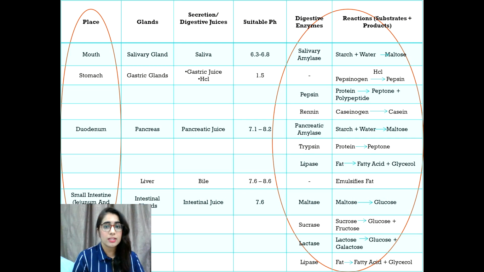Well, fibers are not digested because the human digestive system does not produce cellulase to digest cellulose or fibers. And vitamins, minerals and water molecules are simple enough to be absorbed into the body and do not require digestion. So the main molecules that require digestion are carbohydrate, protein and lipid.